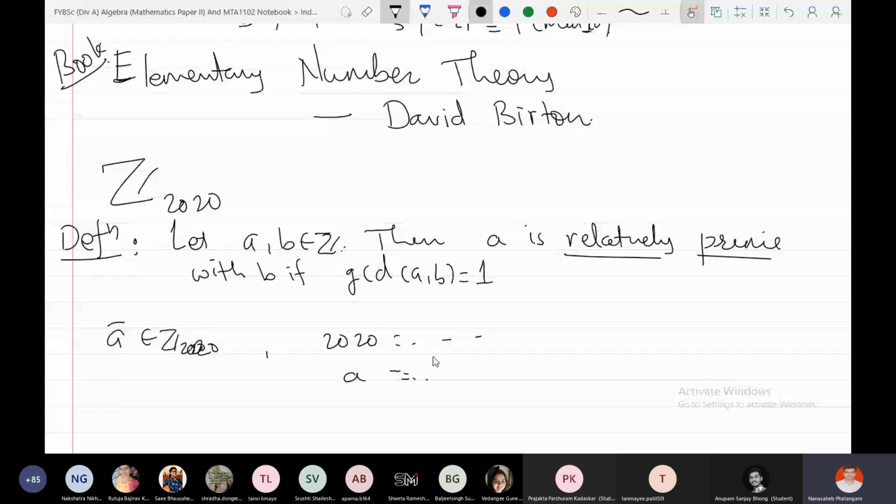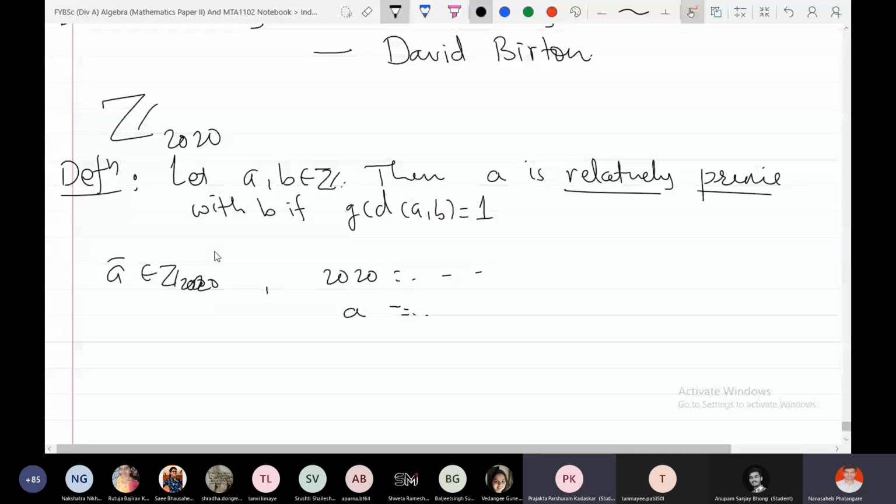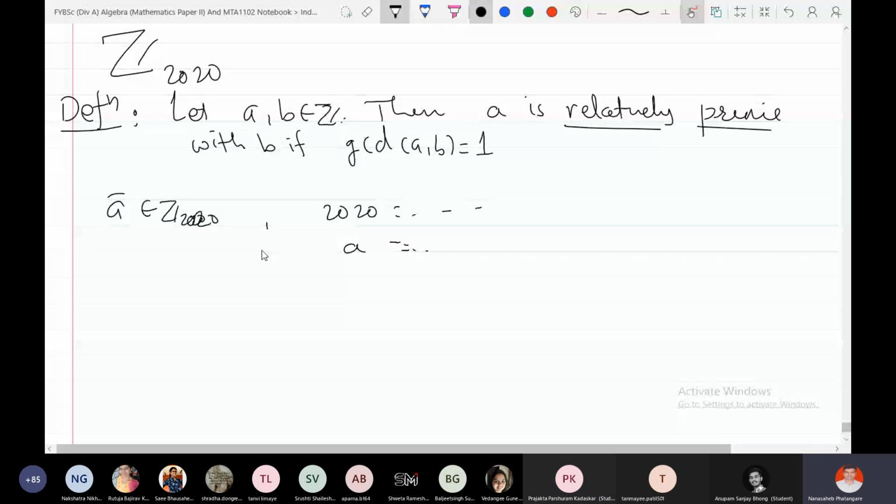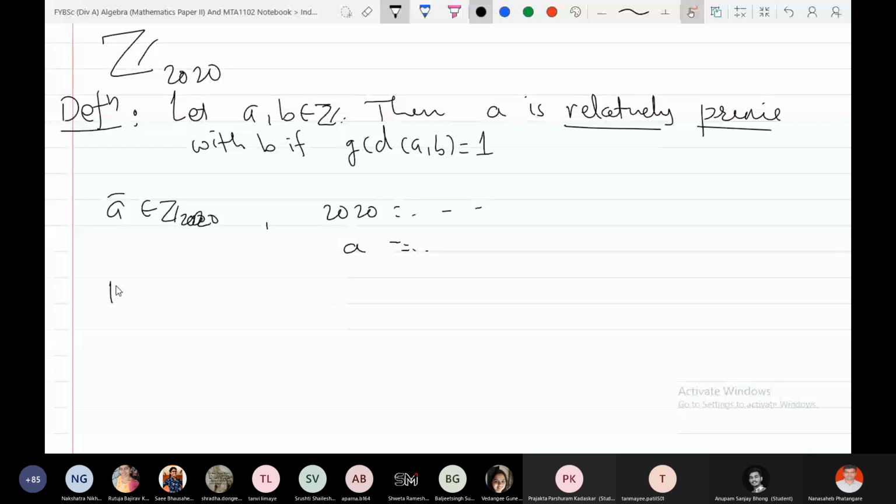For large numbers, you have some techniques in number theory, and for that you should read such books, elementary number theory. But one question you can ask, for example: suppose I take 17 bar in Z 2020.